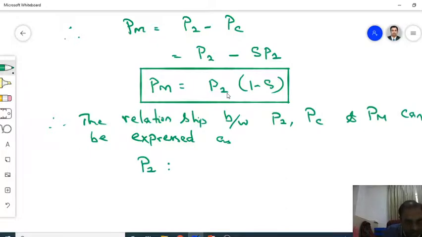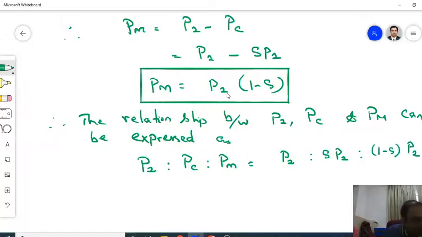P2 ratio Pc ratio Pm: Pc is S into P2, Pm is 1 minus S into P2.